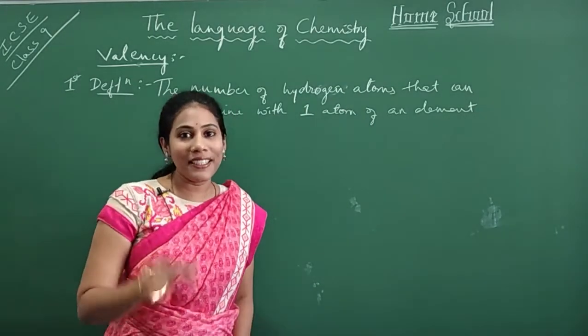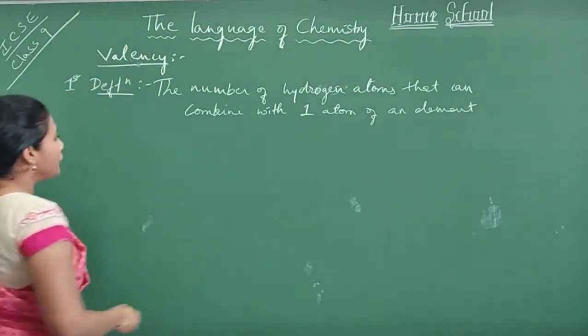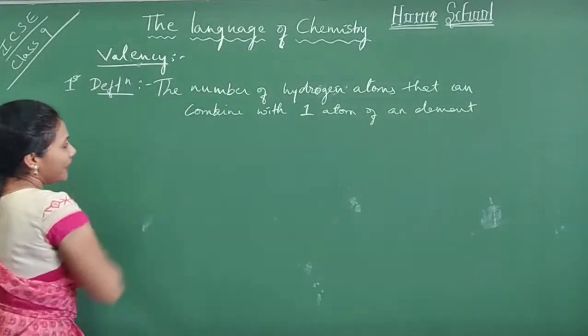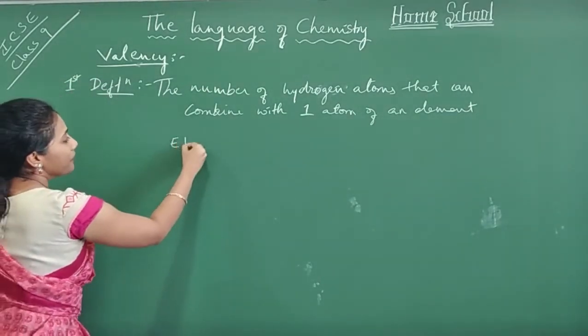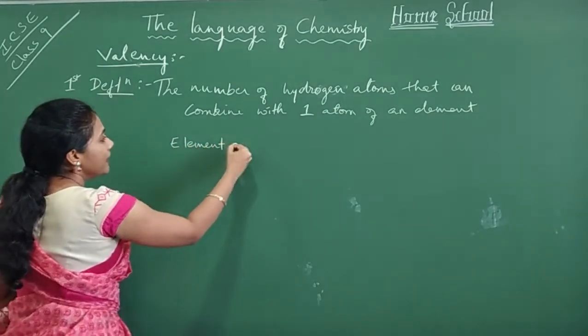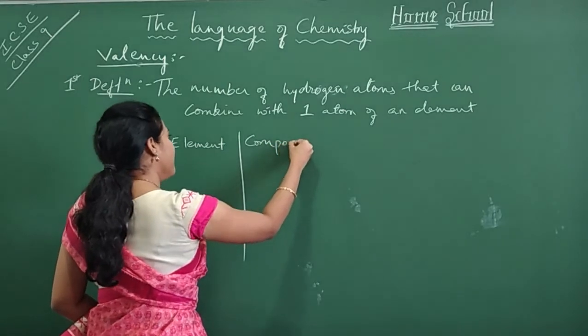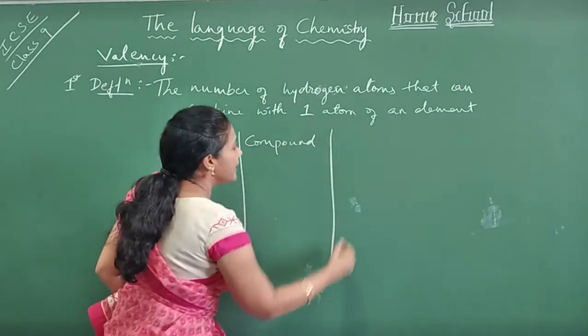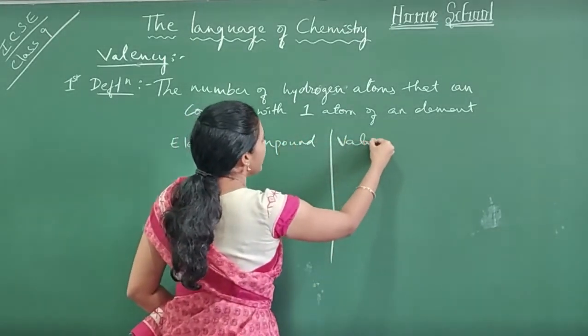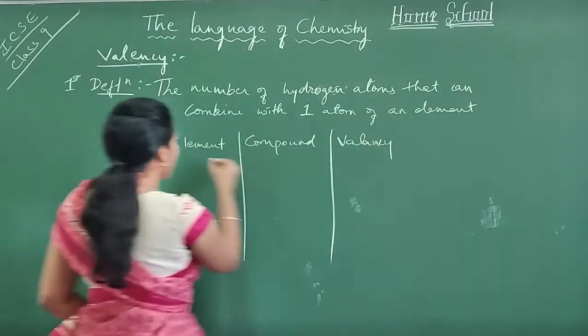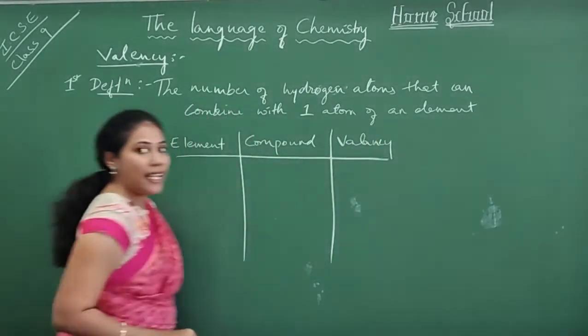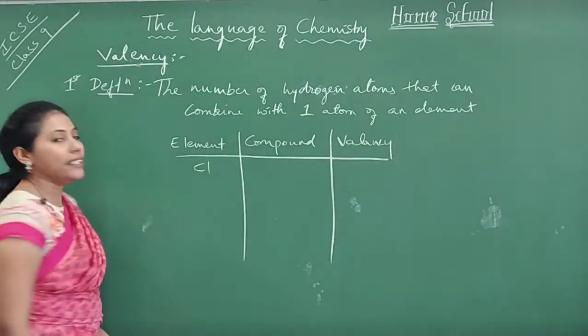See, to understand in a better way, just try to write like this. Element, we have a particular element. Let us imagine the compound with hydrogen, and later let us figure out the valency of a particular element. Okay, let me select the element called chlorine here.